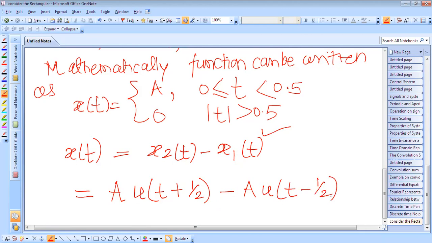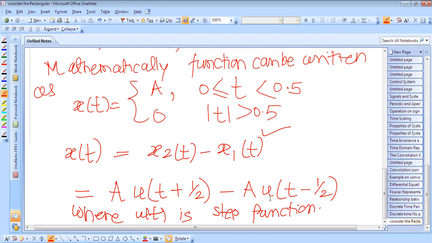So where u of t is the step function. In this way, we can substitute the values of x2 of t and x1 of t, and this is the function x of t, that is a weighted sum of the two step functions.